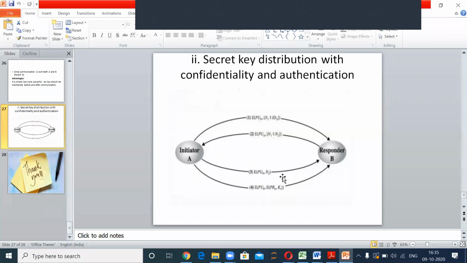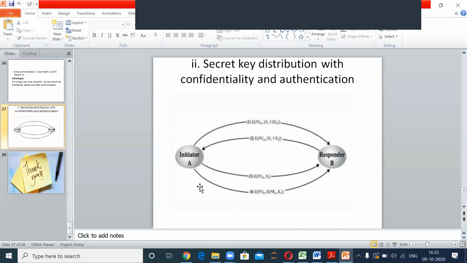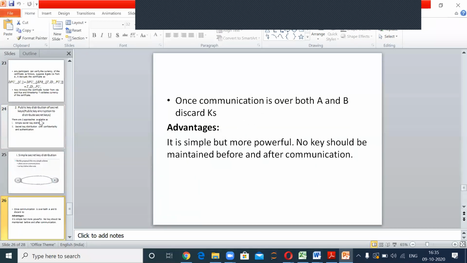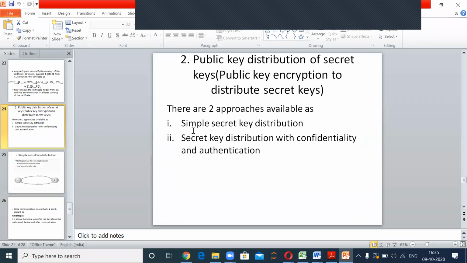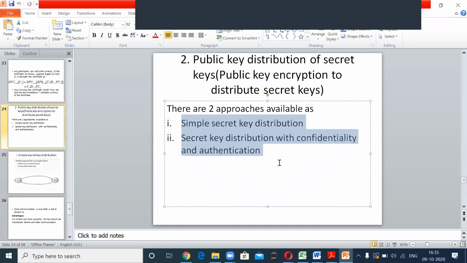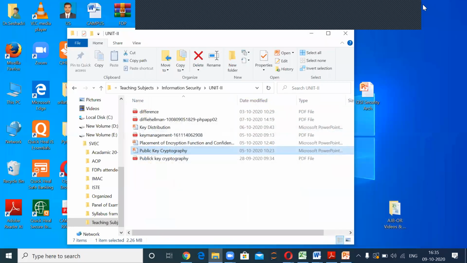First, the session key is encrypted by using the sender's private key, PRA, and that provides authentication. Again, it is encrypted by using the receiver's public key, so that confidentiality can be provided for the session key. So there are two ways to distribute secret keys: simple secret key distribution, and secret key distribution with confidentiality and authentication.